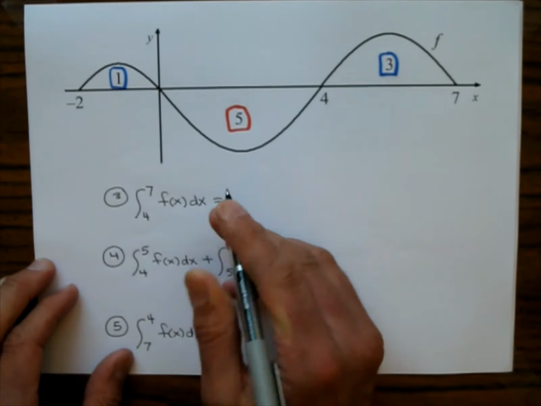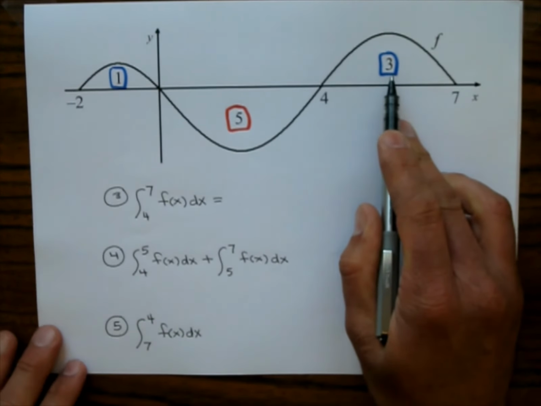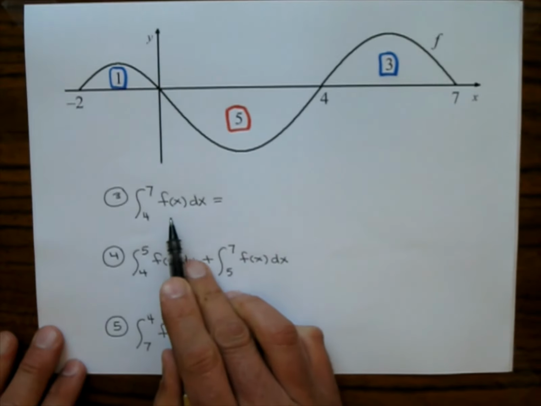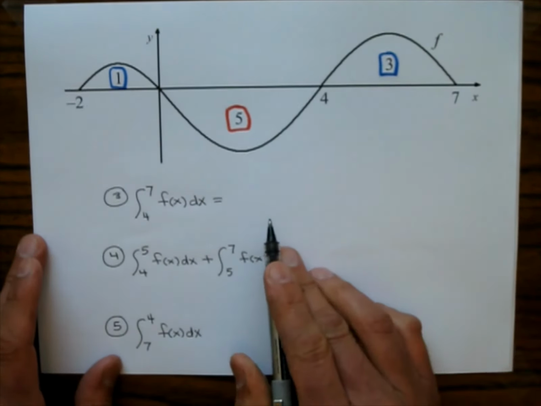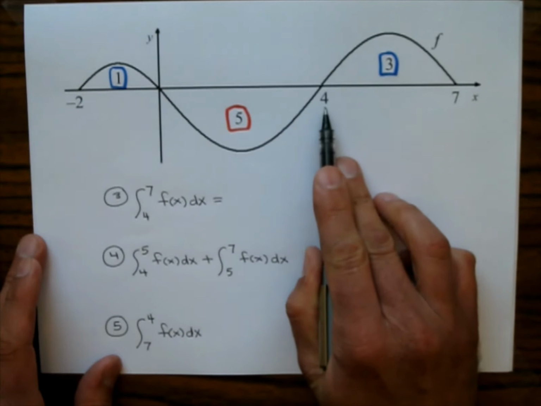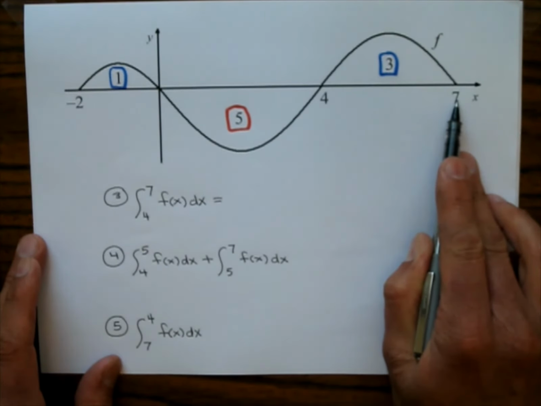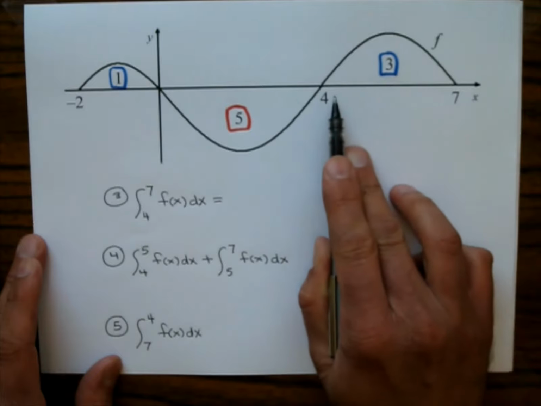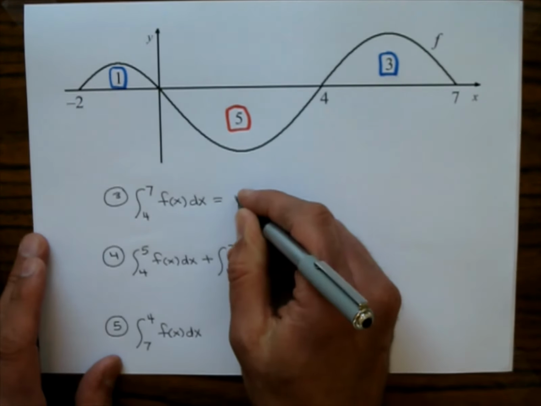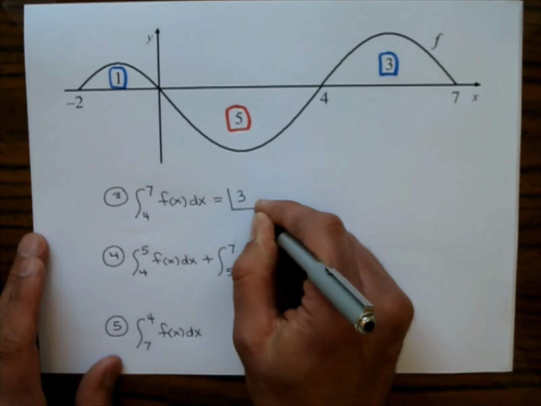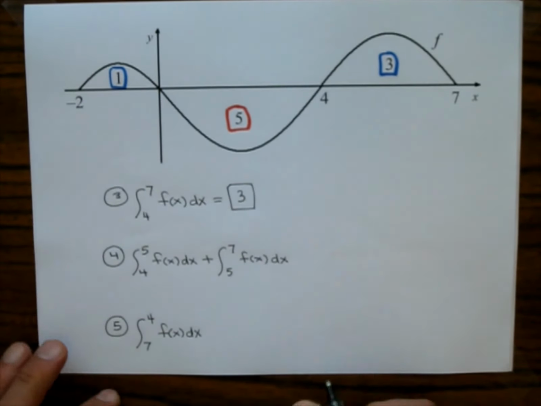Okay, so notice that when we're doing this, we're not doing Riemann sums anymore. These are limits of Riemann sums, but all we're doing is just figuring this out looking at the picture. So from 4 to 7, you have the net area of 3. Okay, so that one was just to practice a little.